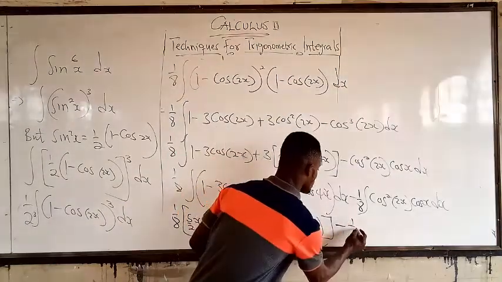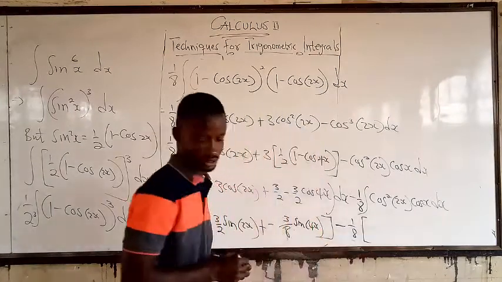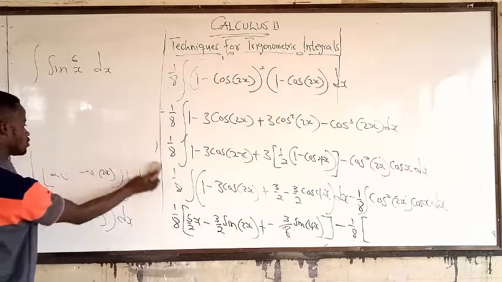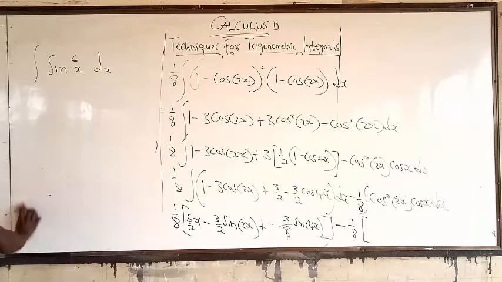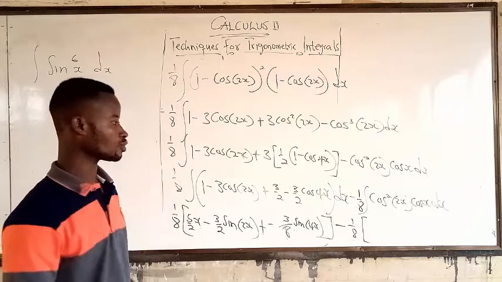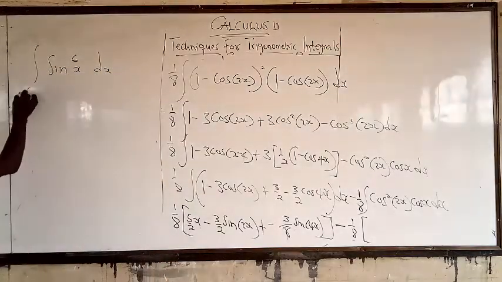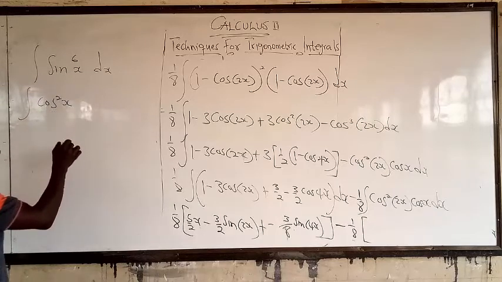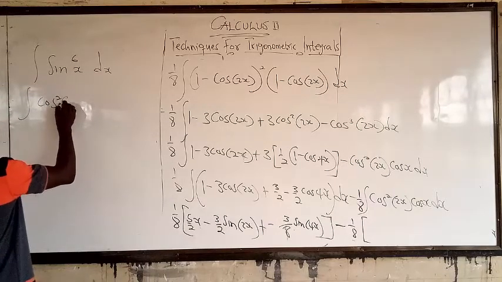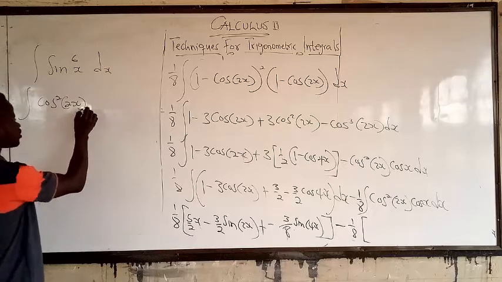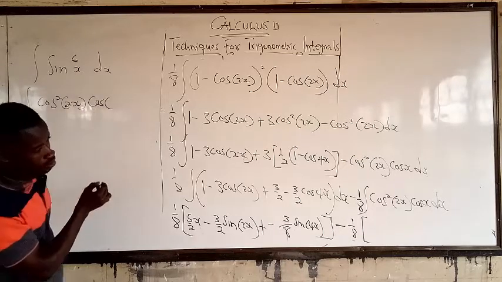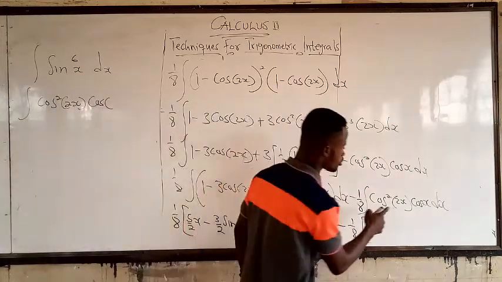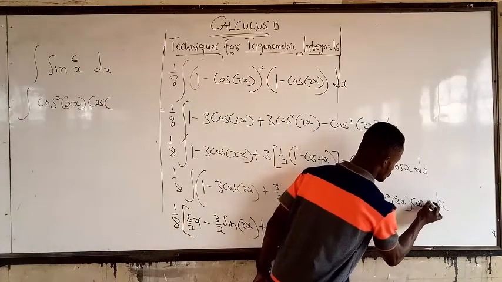So we are bringing only the integral part, and that is the integral of cos squared 2x. Here is supposed to be 2.